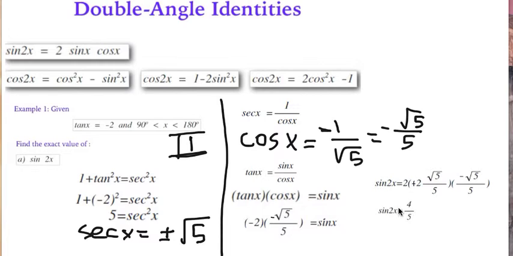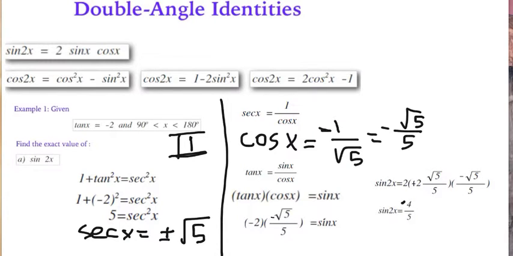We need a minus here, because 2 times 2 is 4, and with this minus, you get a minus. So it's minus 4 over 5.